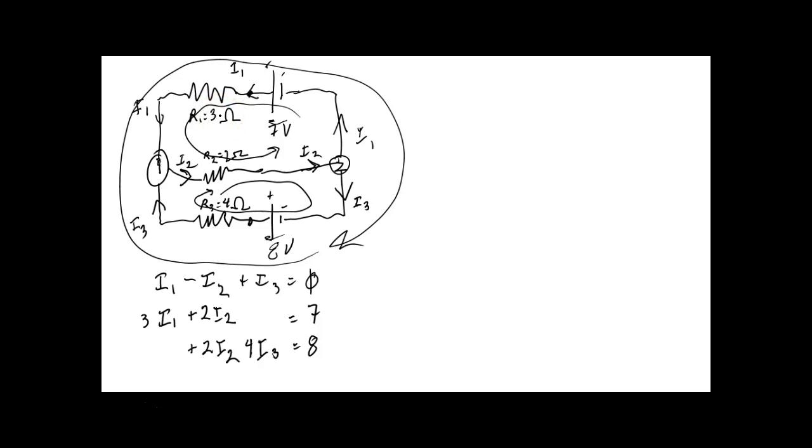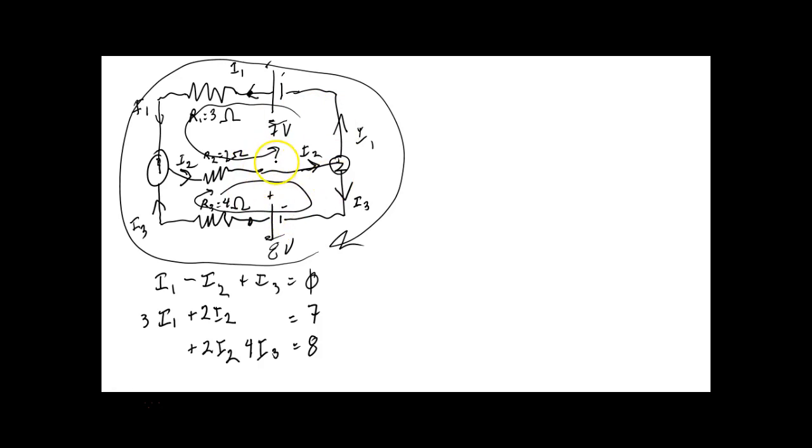But the question is, have you got the sign right? We would just assume it's going to be a plus, but then this would have to be a minus 7 here because you're going against the thing. That was a good reason not to choose this one, but you could have chosen it. That would have been minus 7 is equal to 8.